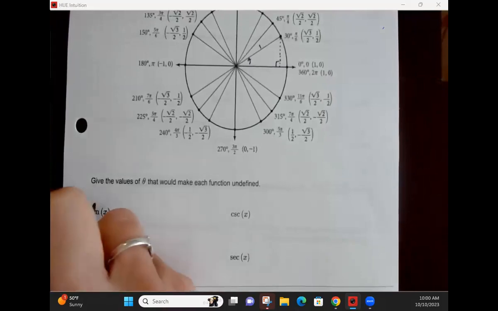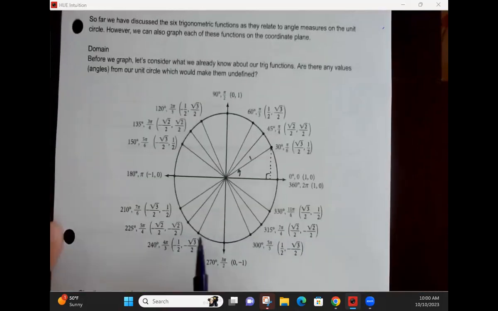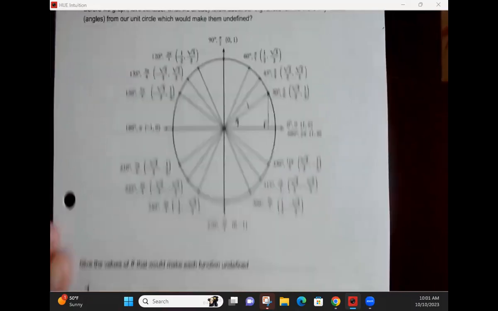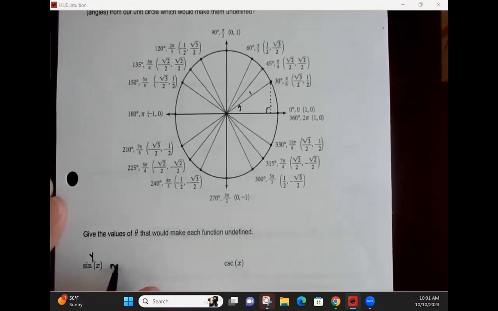Remember, sine is our y value. Are there any points on the unit circle where I cannot have a y value? No, I have no problems. So give the values of theta that would make each function undefined. For sine, there are none.